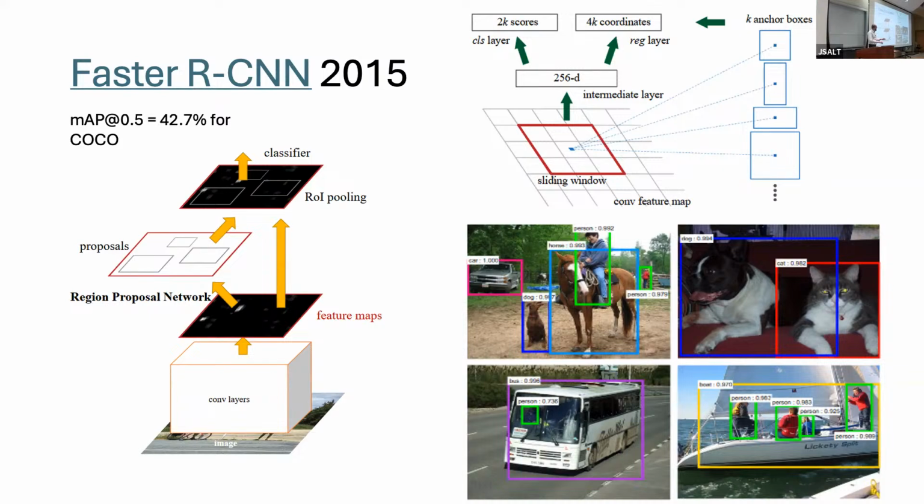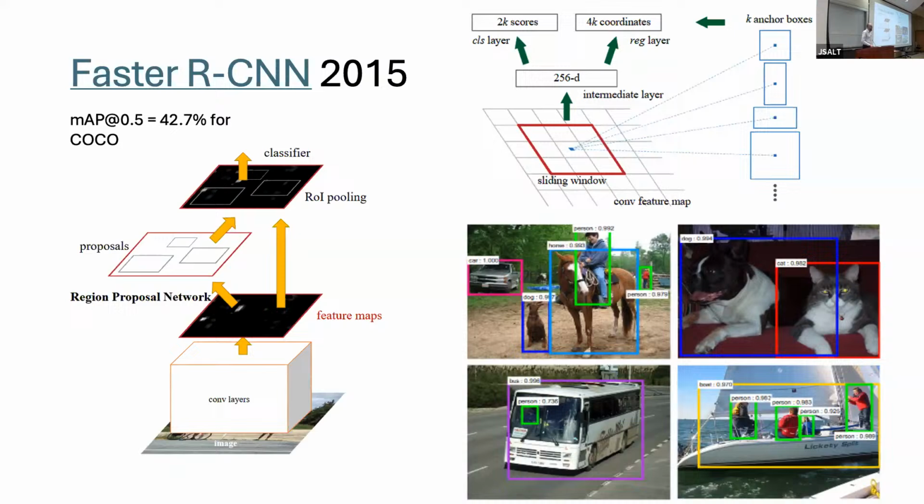Then you move your sliding window to the next position, and you use the same weights because you want to be invariant to translation, let's say, and scale. So you just move your sliding box and do the classification for all the anchor boxes again. So 99% of the classifications will say there is nothing inside the box, and just the 1% will tell you, yeah, there's something, for the 2 objects.